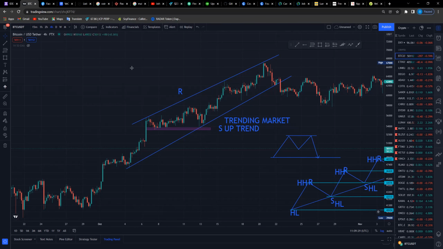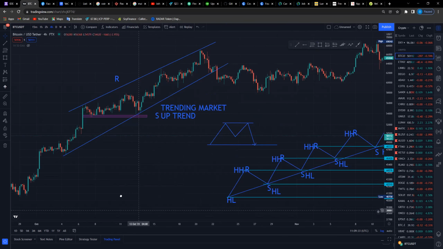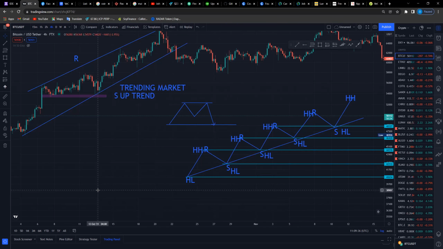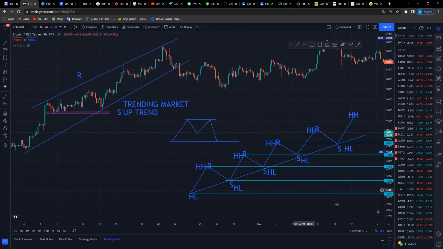See this drawing right here. It's not looking exactly like this, right? You have to make use of your knowledge. You need to understand the key resistance and support. Once you understand that this is my resistance, this is my support, you'll be able to identify anything here. It doesn't look alike, but it's just practical.